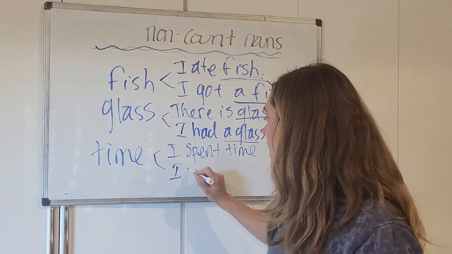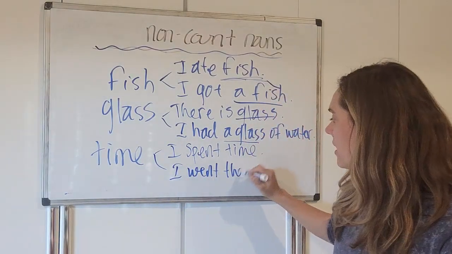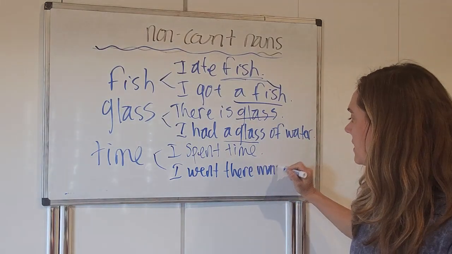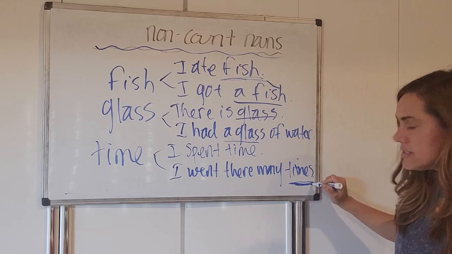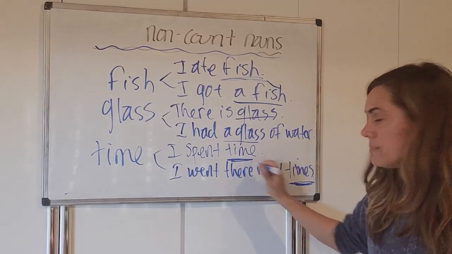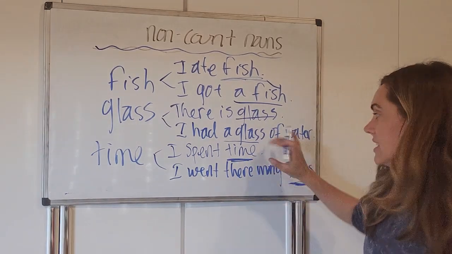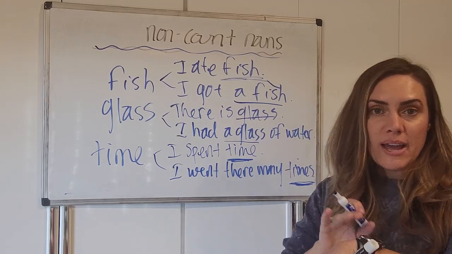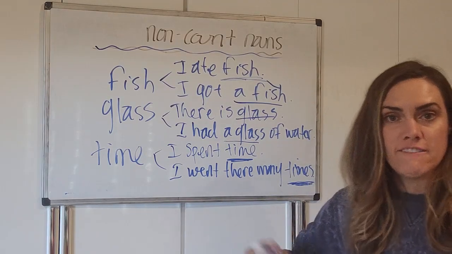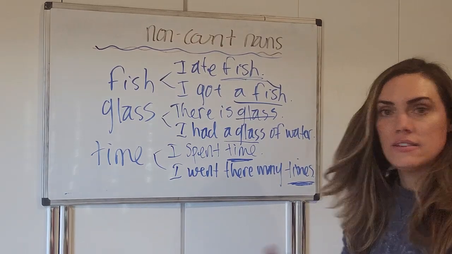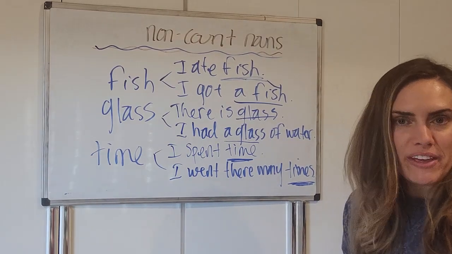So I went there many times. So here times and here time have different meanings. This one is referring to time on a clock. This one is referring to visits, a vacation or something, okay?